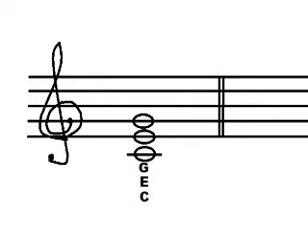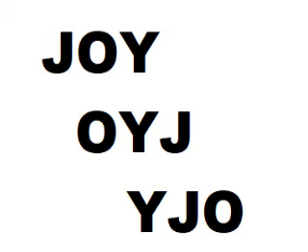Let me just give a little analogy. If you have the letters J, O, Y as three musical alphabets, even though they are not, just as an example, and you want to invert them, we can have them in three ways: J, O, Y; O, Y, J; and Y, J, O. J, O, Y is the original form.